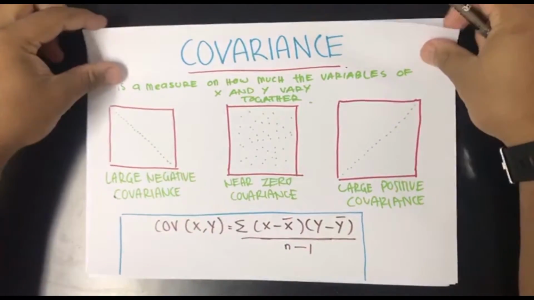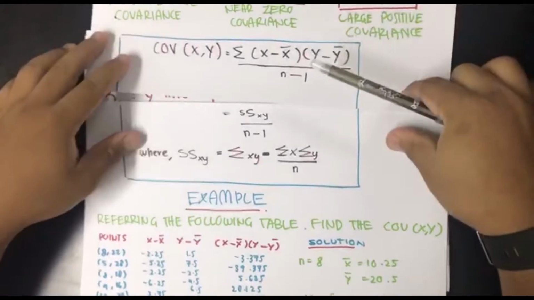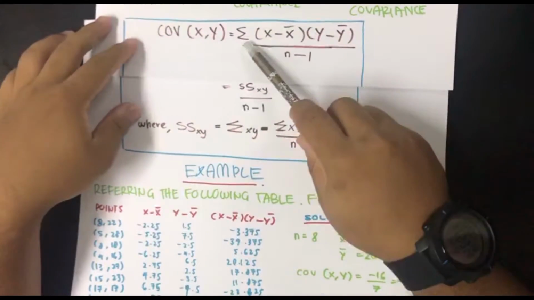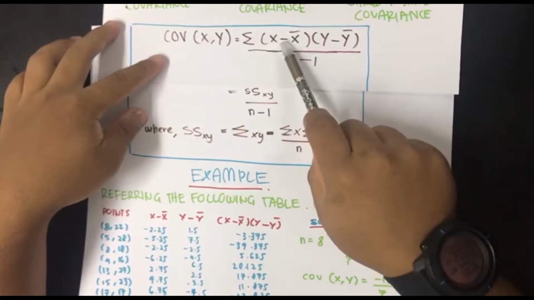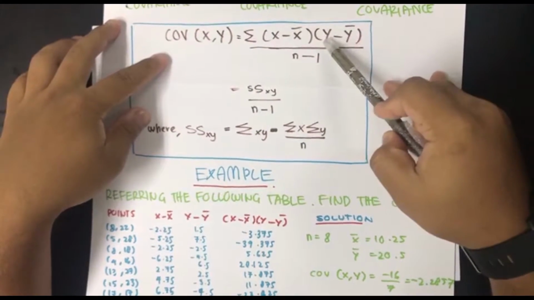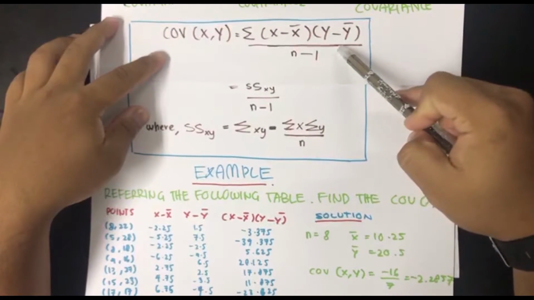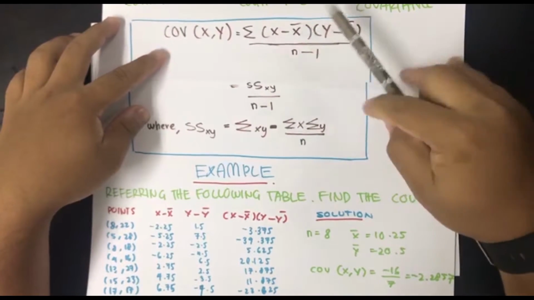The equation for the covariance is the sum of (x minus mean of x) multiplied by (y minus mean of y), divided by n minus 1.